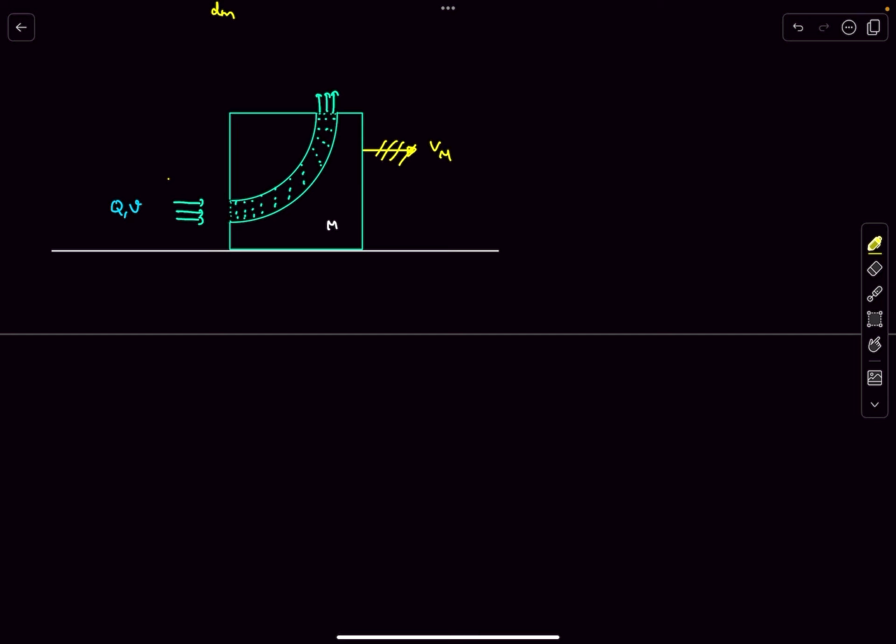The fluid is incoming with a velocity of v minus V_M. Obviously in the frame of the box, the box is at rest, so the fluid that is entering with some speed must leave with the same speed. So the exit speed must also be v minus V_M. We determined earlier that the f vector on the liquid is dm by dt times v2 vector minus v1 vector.